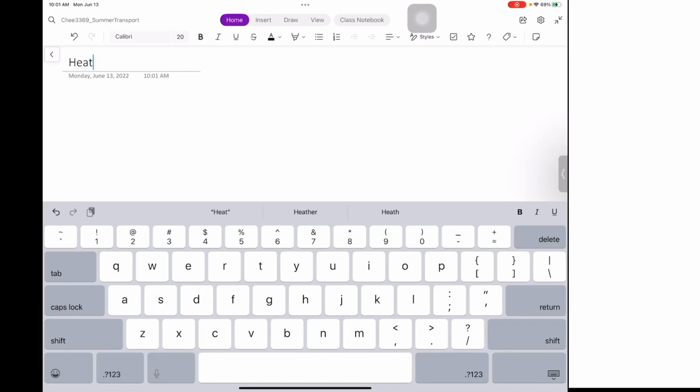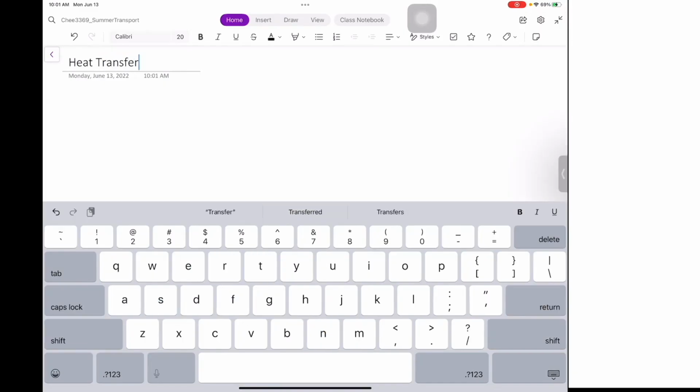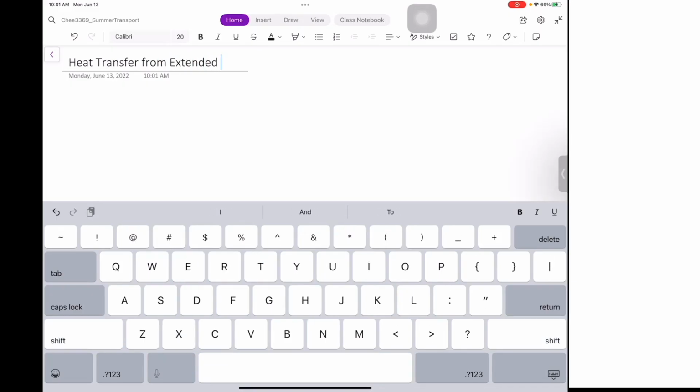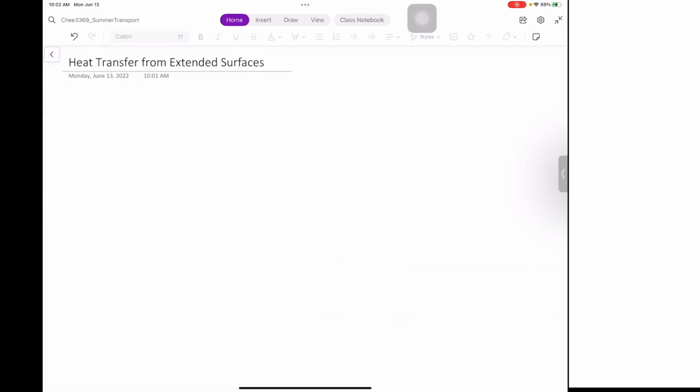So we're going to talk about heat transfer from extended surfaces. We are going to go more into applications of heat transfer, and I'm pretty sure that you're familiar with computer chips, at least.